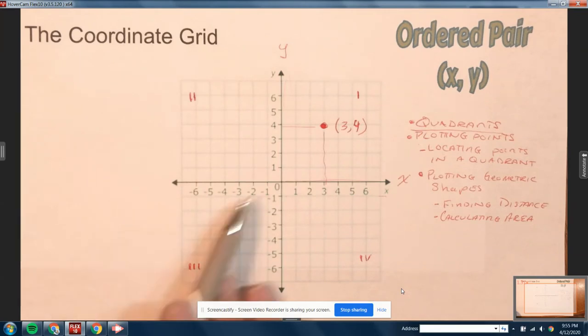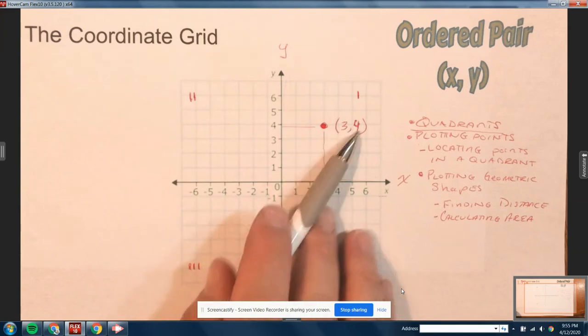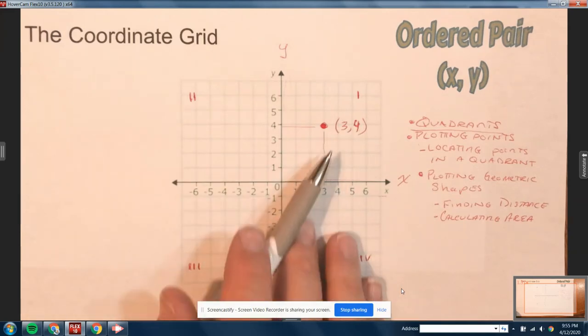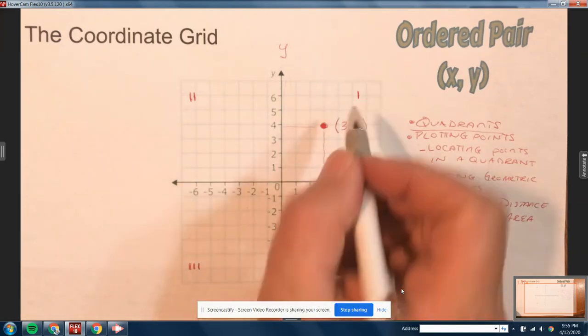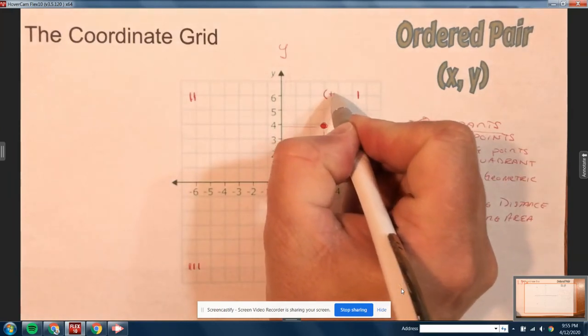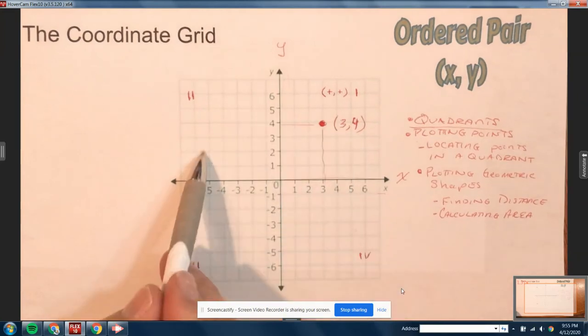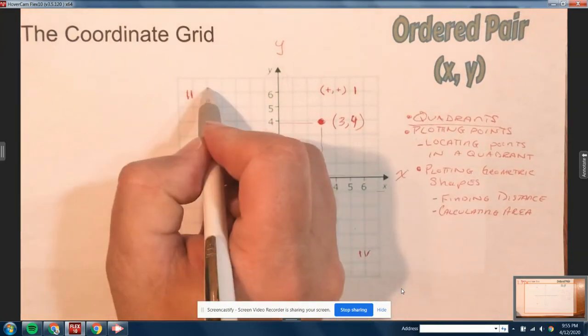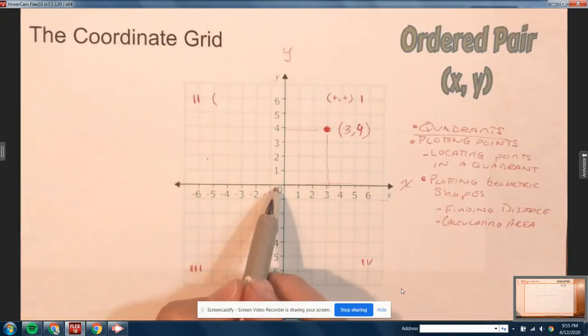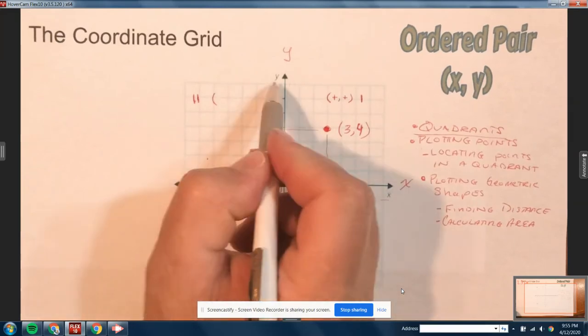And if you look closely enough, we can determine which quadrant a point is located in by the values of the x and the y. When we look in the first quadrant, as I've already stated, our x values are positive and our y values are positive. When I come over here to the second quadrant, look closely, we see that our x values are negative, but our y values are positive.